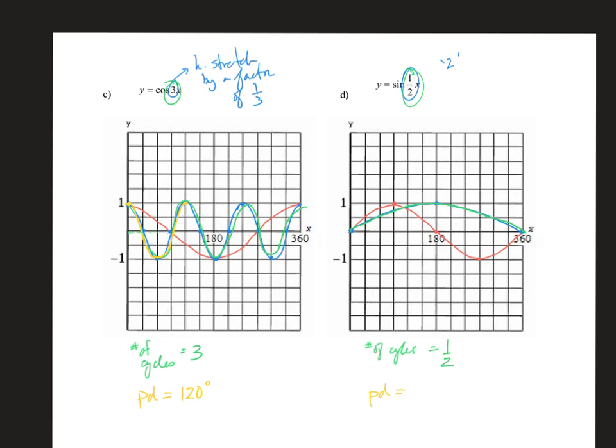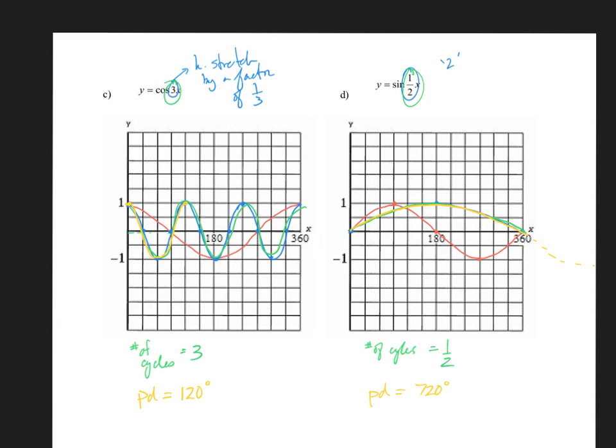In graph D, I only see half of a cycle. So if half of that cycle takes 360, then if I was to continue that graph and finish it off, I know it would take double that, or 720 degrees, to complete its period. There's a really important key feature there.